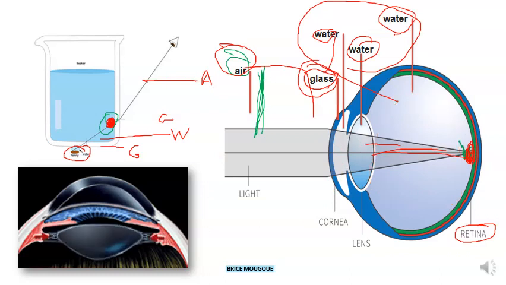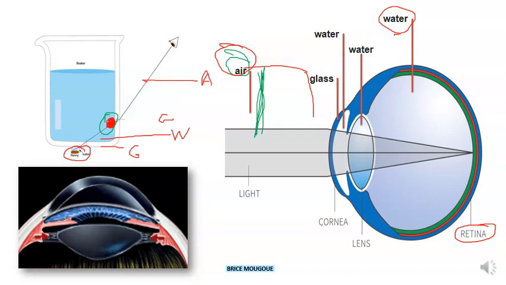So that's basically what happens. I want you then to realize that the eye as it stands is well equipped with different material that can refract or bend light such that it is always brought to a focus on the retina.